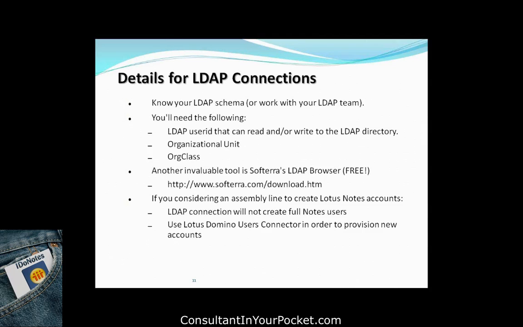You're going to want to know what kind of organizational units, which is specifically an LDAP type schema, and about organizational classes. One thing you're going to want in your toolkit is the Softerra LDAP Browser, which is free.